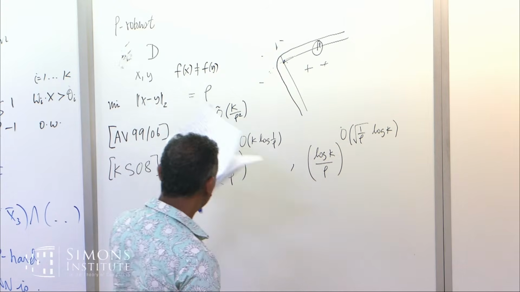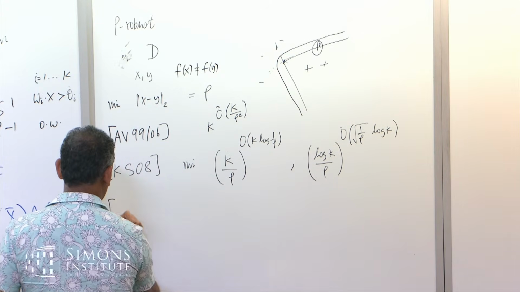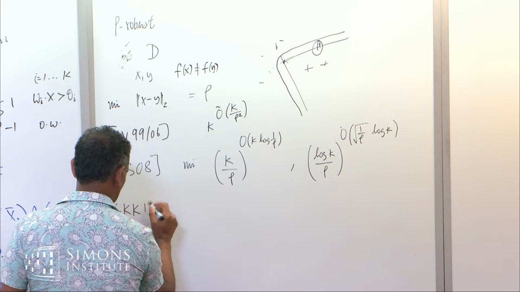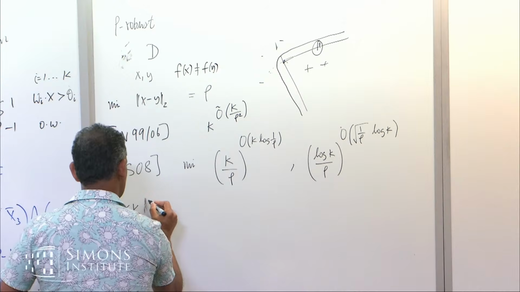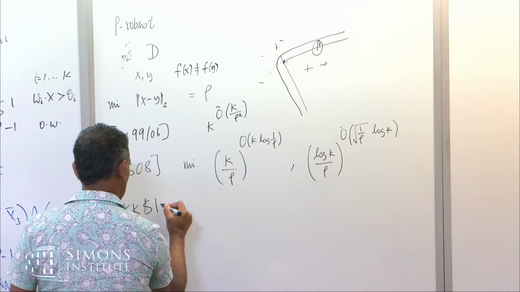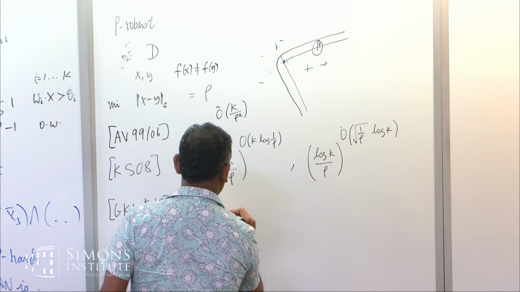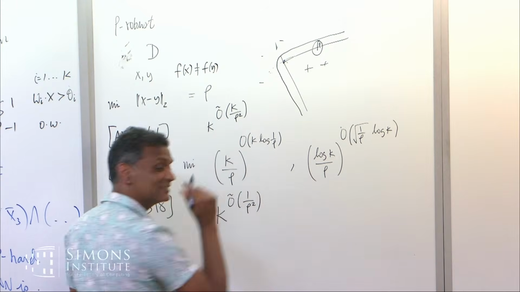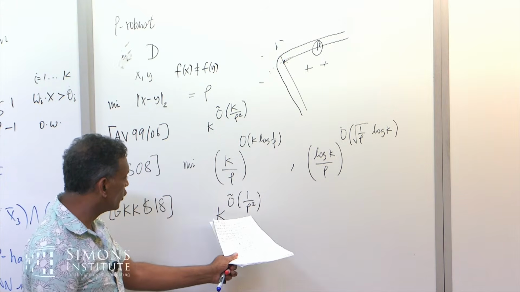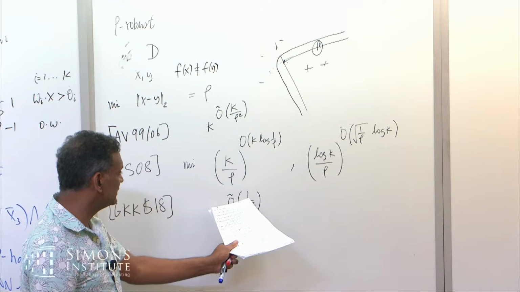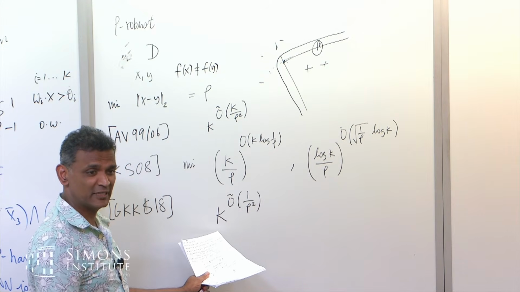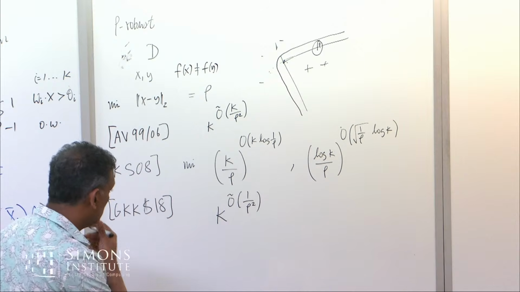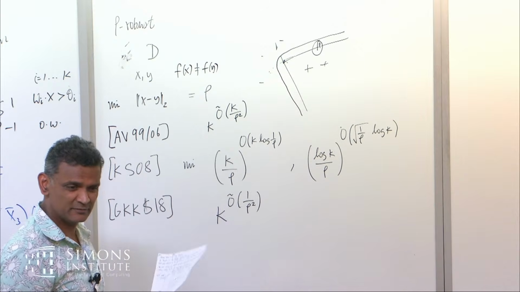Okay, significantly better. And then later, Gottlieb, Kontorovich, and Nisan to k to the 1 over rho squared. So that's the status. Okay? So for constant margin, it scales, you get a polynomial in the number of planes. They're all based on random projection.